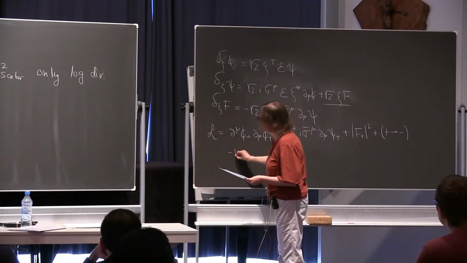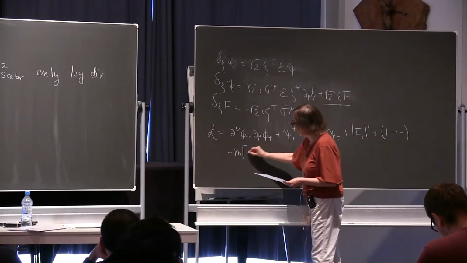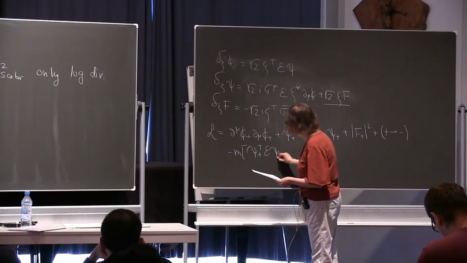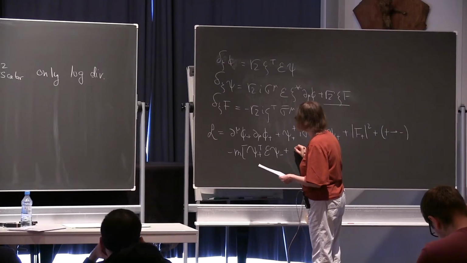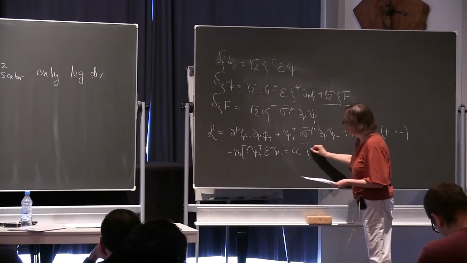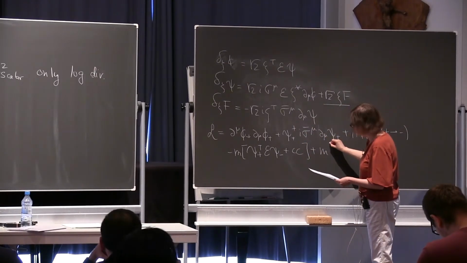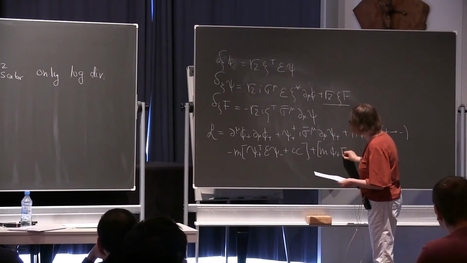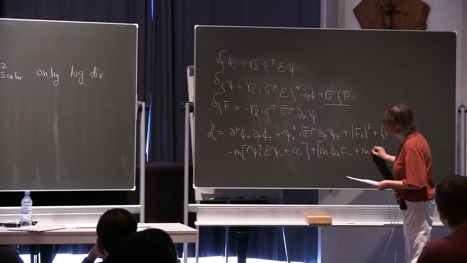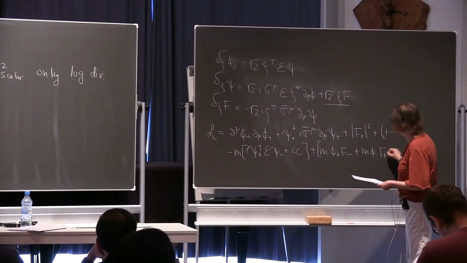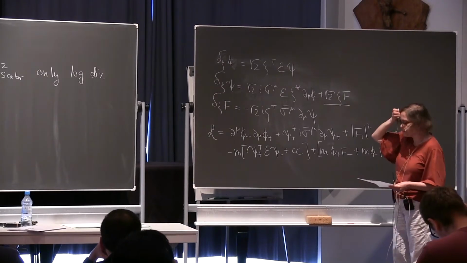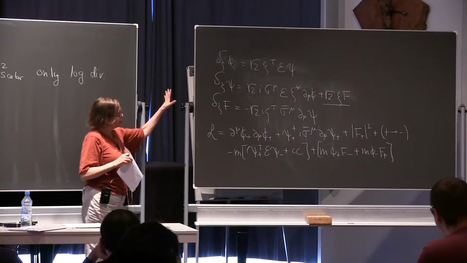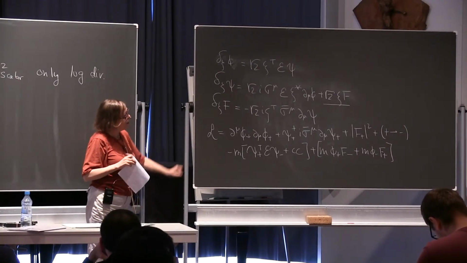And then we have the mass term m psi plus t epsilon psi minus plus the complex conjugate, and finally M phi plus F minus plus M phi minus F plus. So these are the transformations, and this is the Lagrangian.